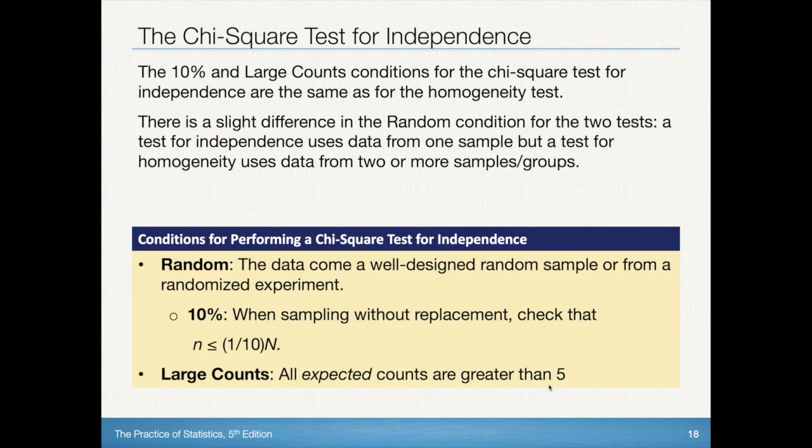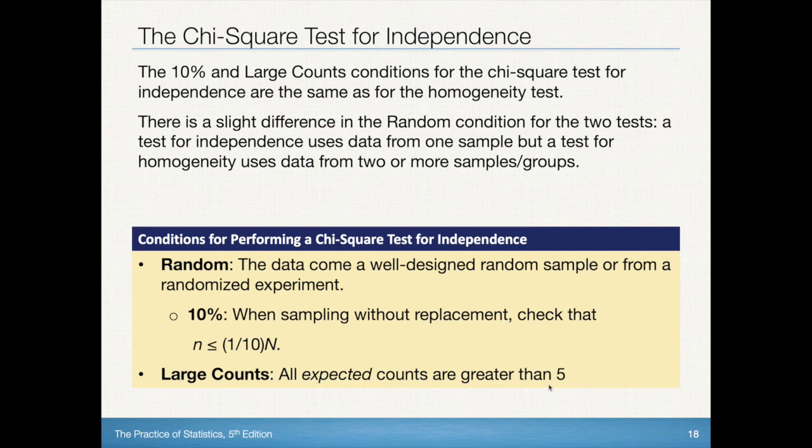So with the chi-squared test for independence, if we take a look at our tests, again, the randomization condition and the 10% condition are still absolutely important. And with the large counts, as always, the expected counts all have to be greater than 5.